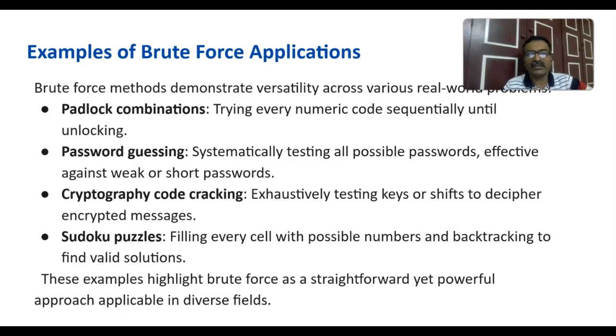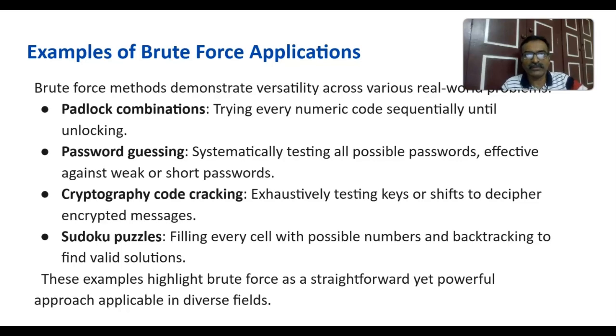So that is the padlock. Then password guessing. Next example is password guessing. If you want to find the password and you know it has 5 spaces, if it's digits, it's just from 0 to 9. If it is letters also, then you have 0 to 9 plus A to Z, 26 alphabets.